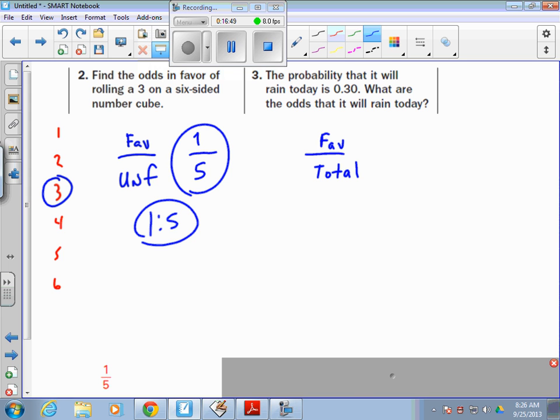So 30 out of 100 is the same thing as when you move that decimal 2 spots. 30%. It says, what are the odds it's not going to rain? We know that if it's a 30% chance to rain, 70% chance it's not going to rain. So the favorable over the unfavorable would be 30 over 70, or 3 to 7, which simplifies to 3 to 7.